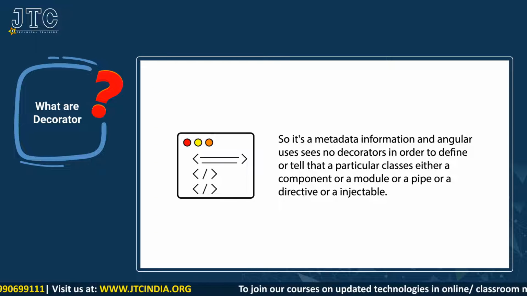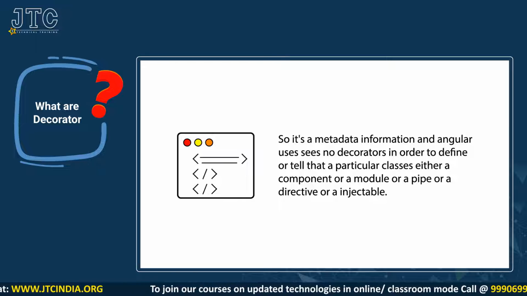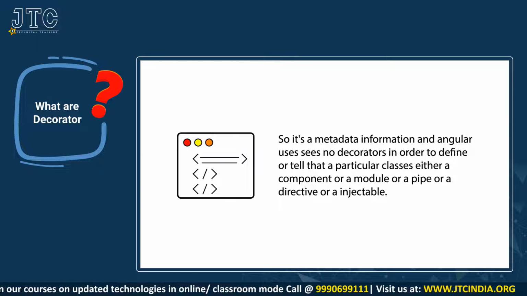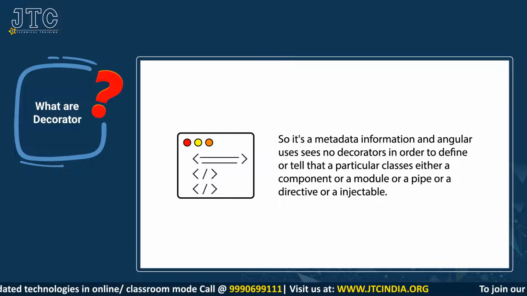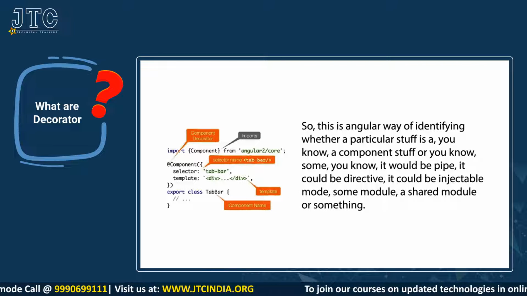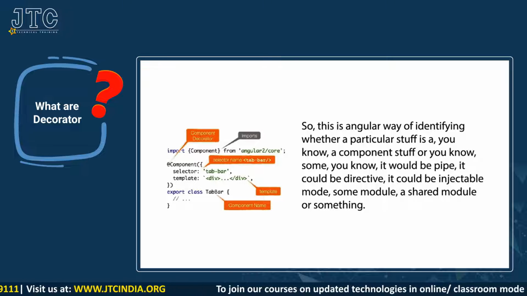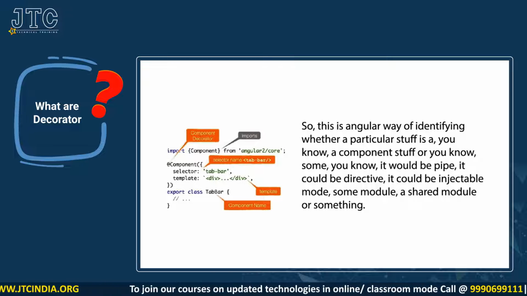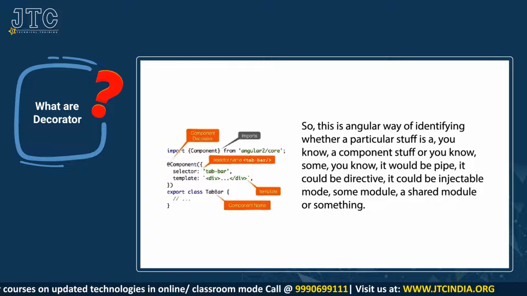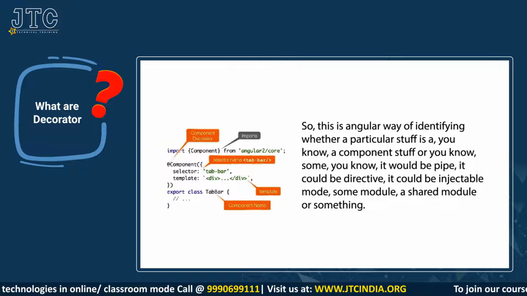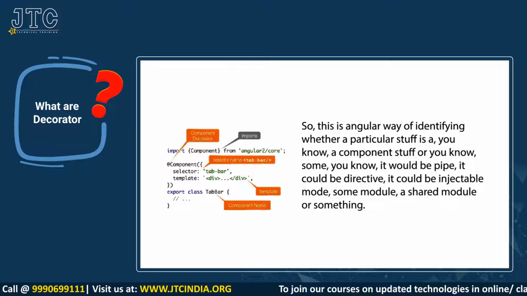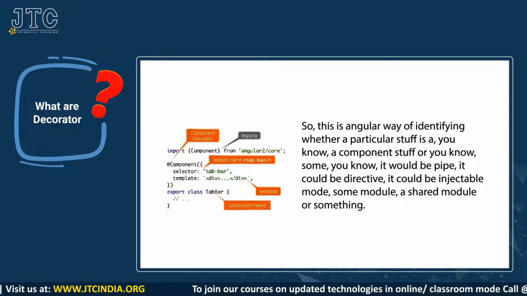And Angular uses these decorators in order to define that a particular class is either a component or a module or a pipe or a directive or an injectable. This is Angular's way of identifying whether a particular thing is a component, a pipe, a directive, an injectable, or some module, a shared module or something.